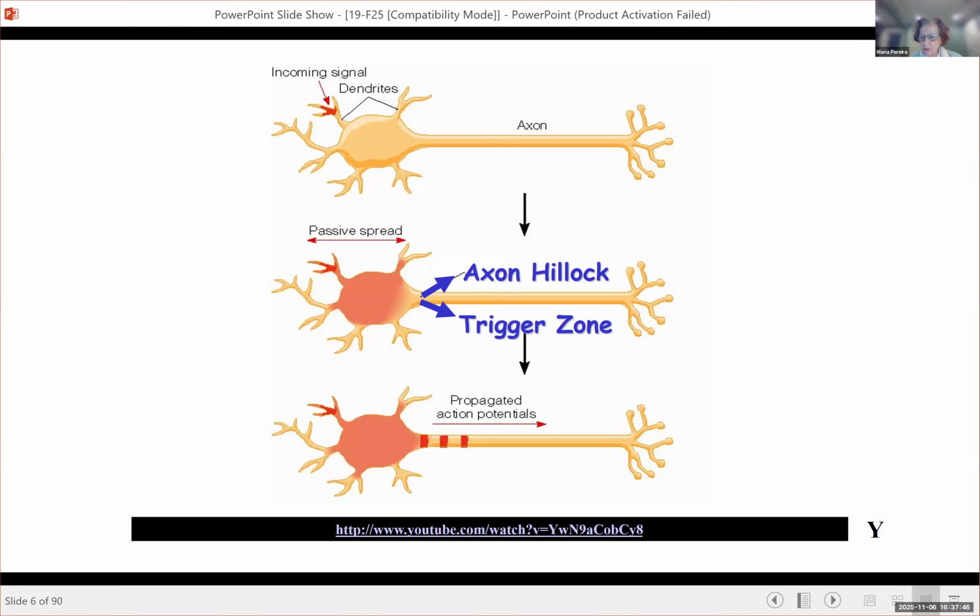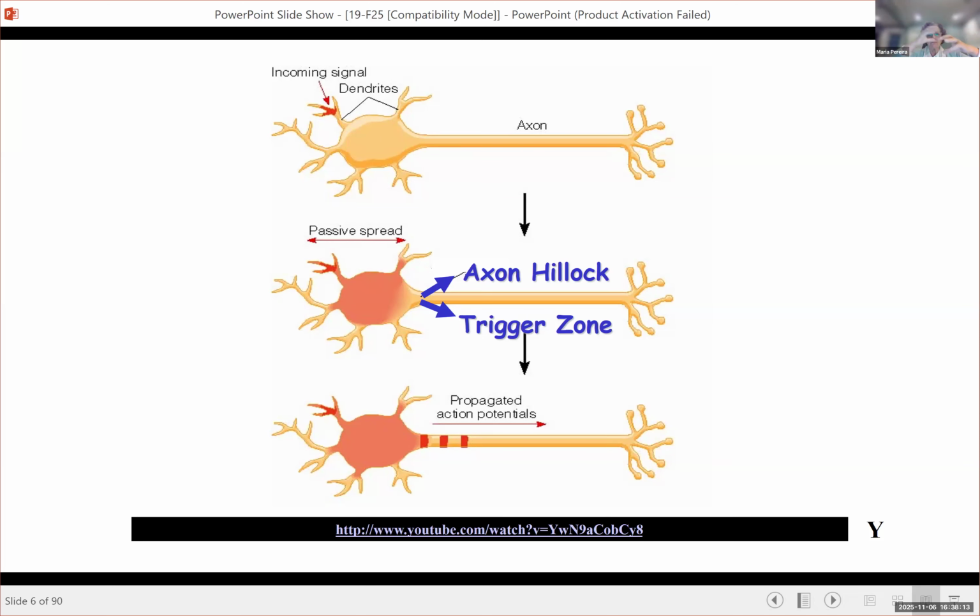Now remember that this is going to be more complex because some of these might be excitatory, others could be inhibitory. So that means that you have a plethora of signals converging on the cell body of a neuron. Some are releasing neurotransmitters that are excitatory. Others are releasing neurotransmitters that are inhibitory. Remember, the inhibitories put a brake.